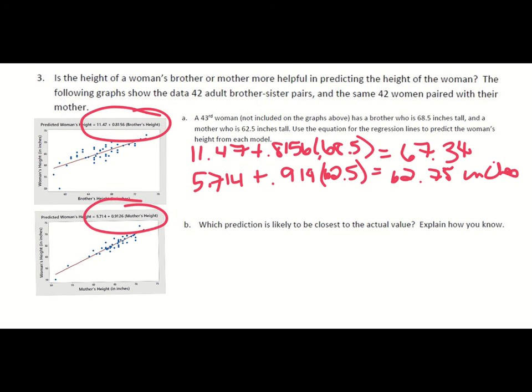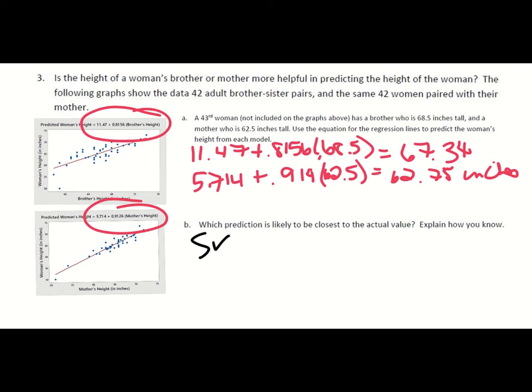It says, which prediction is likely to be closest to the actual value? If you look at the two graphs, here's the woman's height with the brother's height, and here's the woman's height with the mother's height. Since there's a stronger association between the woman's height and the mother's height, because you'll notice that these dots are tighter, we can expect that this 62.75 is going to be closer to the actual height.